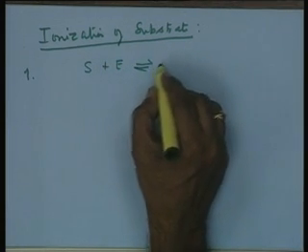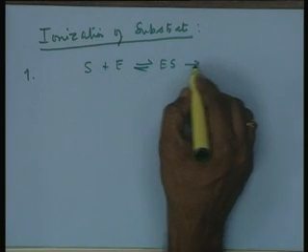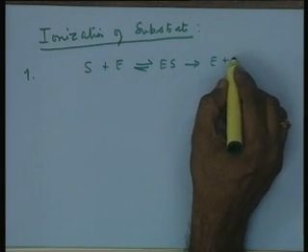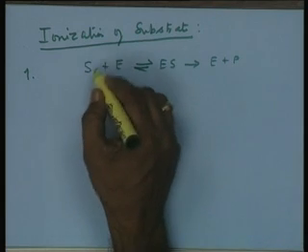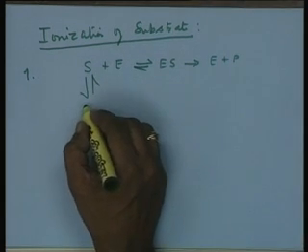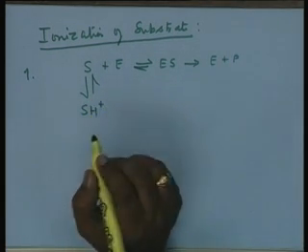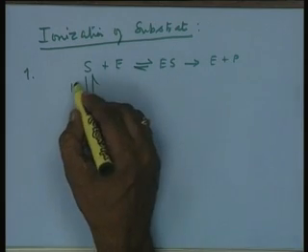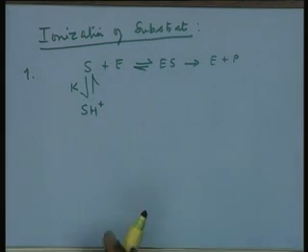Assume the neutral substrate can ionize and give a protonated form of substrate, with ionization constant K, assuming only one ionizable group.